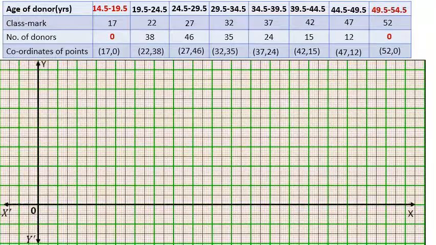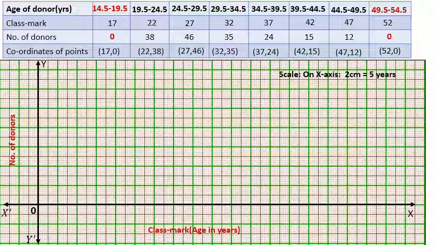On a graph paper, we draw the X and the Y axis. On the X axis, the class marks will be shown. On the Y axis, the frequencies will be shown. The distance between the consecutive class marks on the X axis is 2 centimeters.